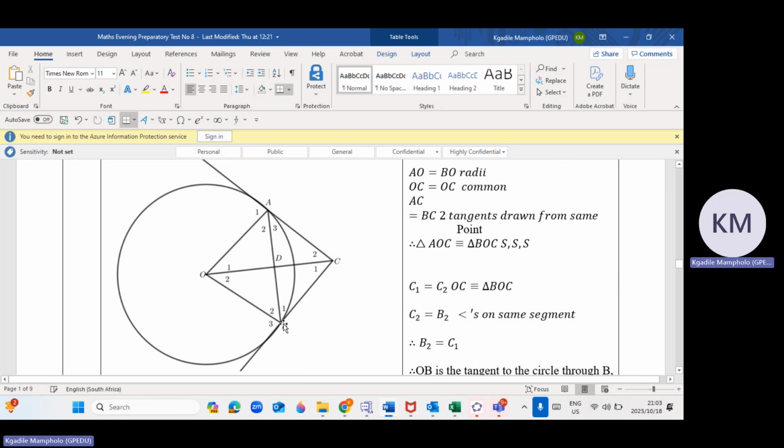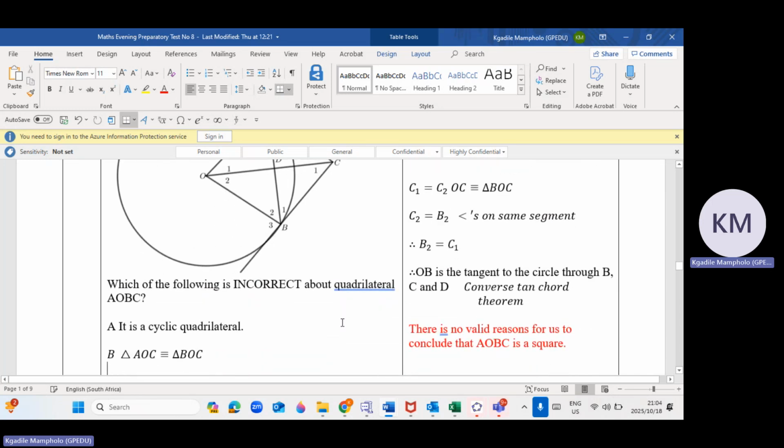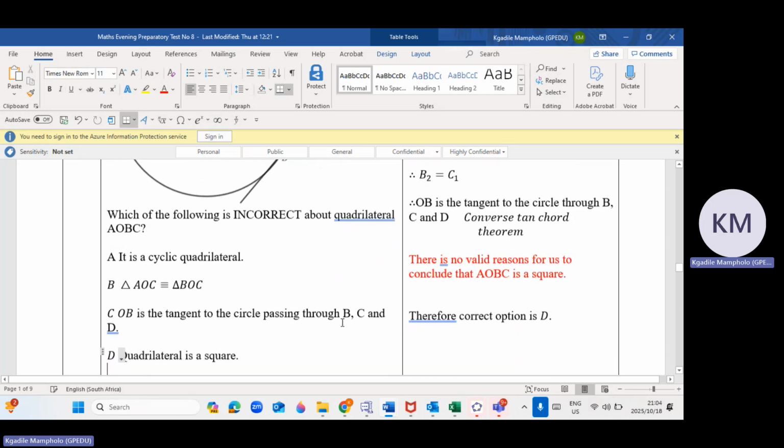AC is equals to CB, two tangents drawn from the same point. Then OC is common. So this makes these two triangles to be congruent. They meet the side condition. It means number 2 is not the correct answer because it's correct. We want the incorrect answer.